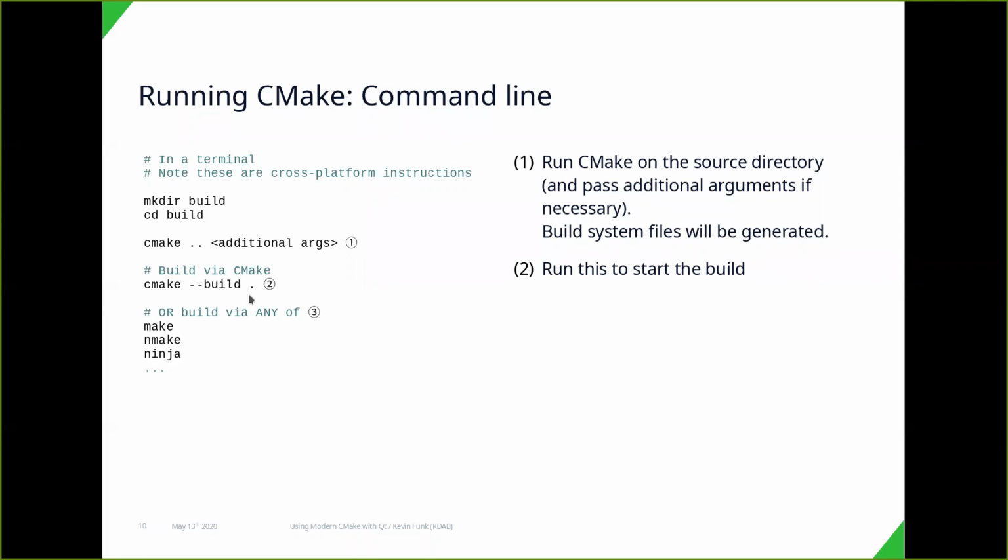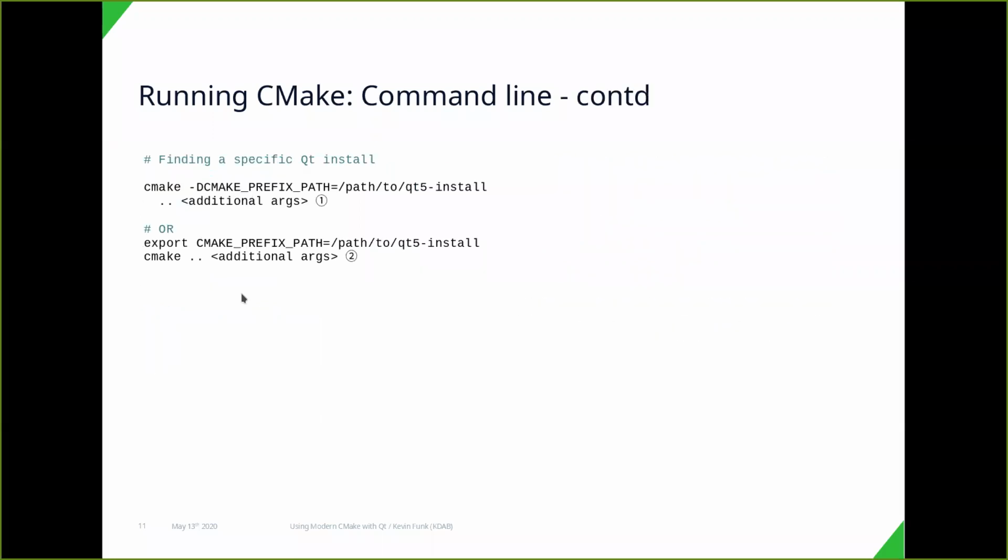And this is basically just a convenient way to build a project if you don't care about the build system under the hood. And this is also useful for running CMake in a CI if there are multiple build systems in use and you just don't care about the build tool in use. So that's about that.